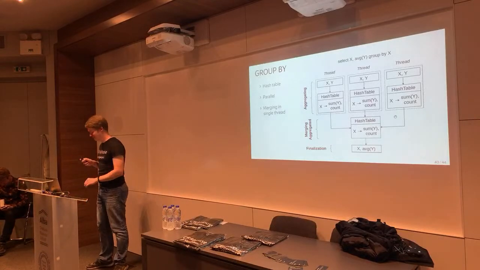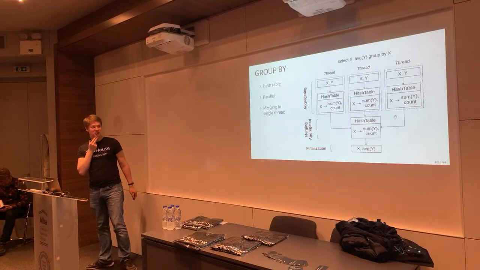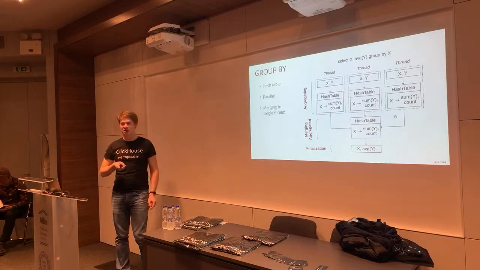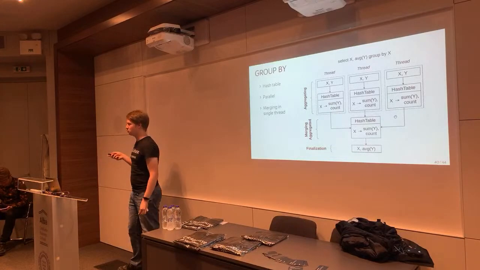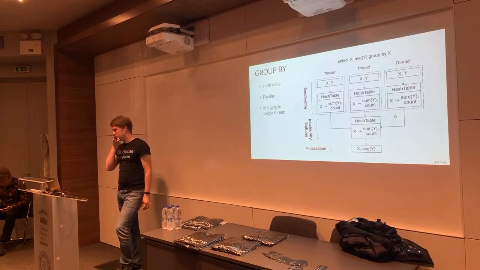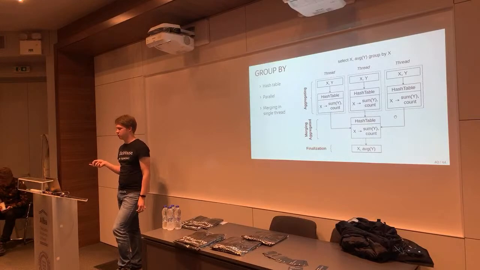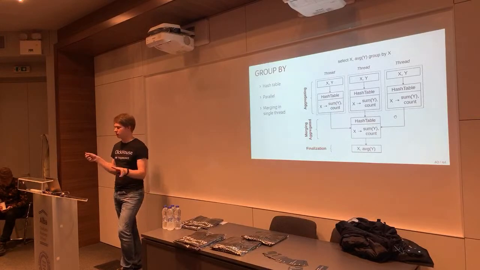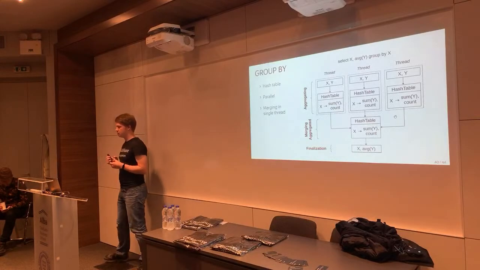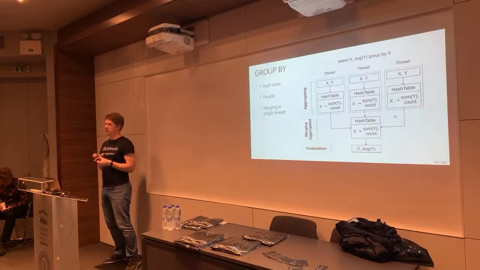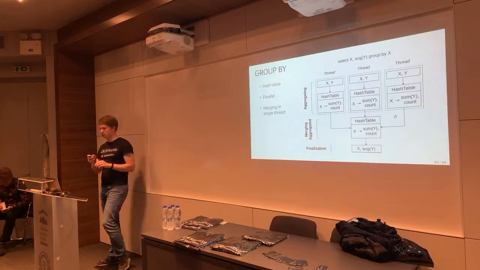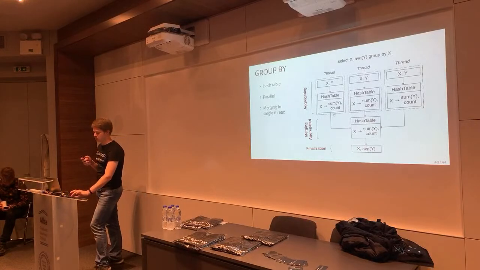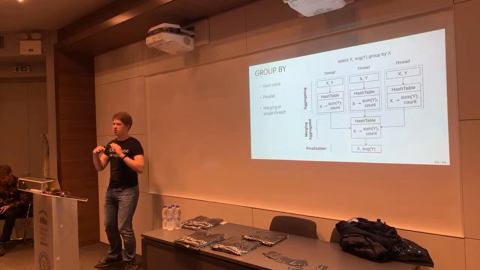But okay, group by uses a data structure which is named hash table, as I already said, and you probably understand how it works. But ClickHouse is parallel, so you need to do it in many threads. And basically, it is just a hash table which stores your group by keys and some values which are suitable for aggregation, but which store an intermediate result.